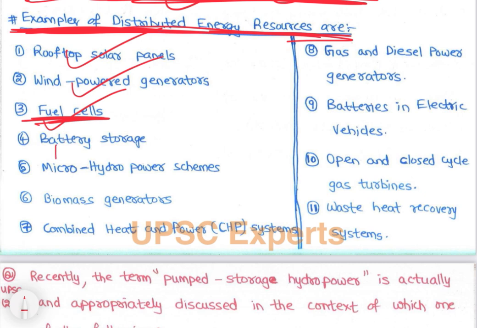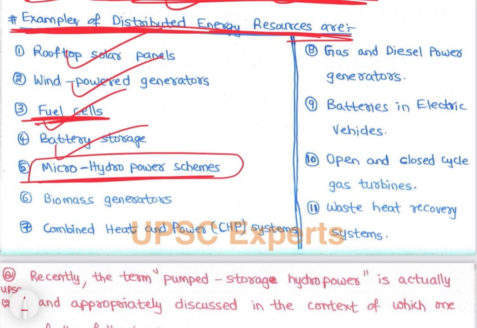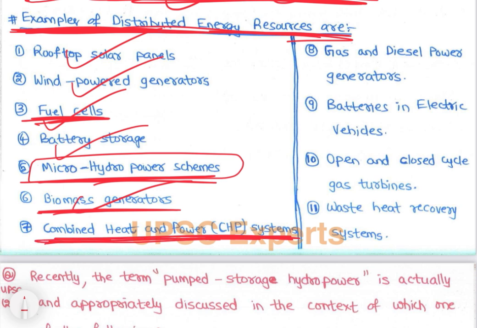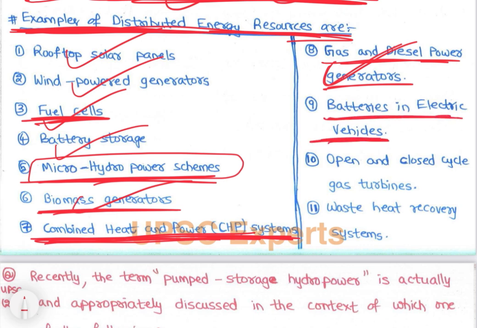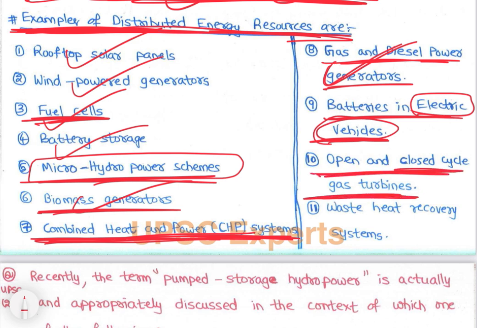Then battery storage, micro hydropower schemes, biomass generators, combined heat and power systems, gas and diesel power generators, batteries in electric vehicles, open and closed cycle gas turbines, waste heat recovery systems.